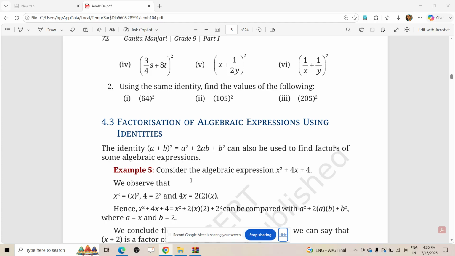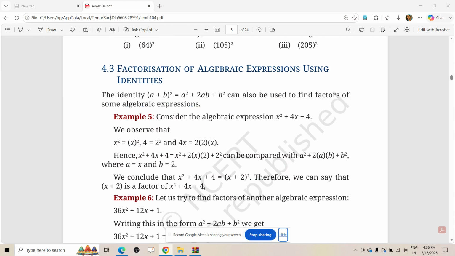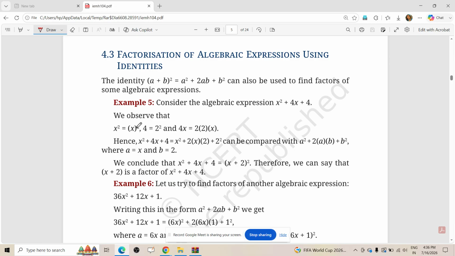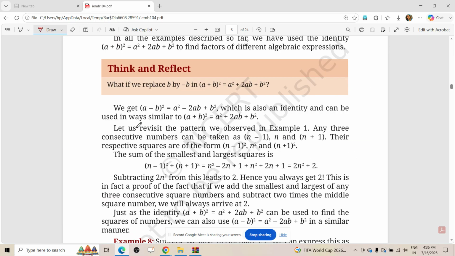Yes, which one? You don't understand how to solve this. Okay.